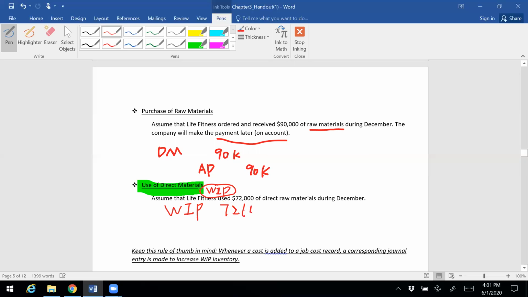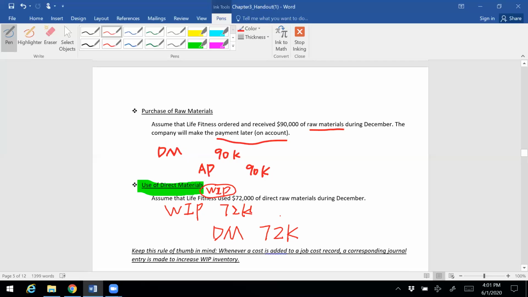And then we decrease our direct material 72,000. We move from direct material to work in process.